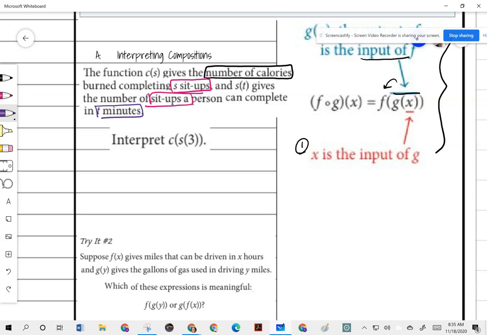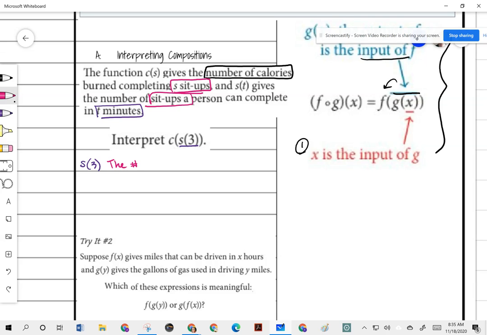So always we want to work on the inner function first. So s of 3 is going to indicate the number of sit-ups. I want to color code this a little bit better. Okay.